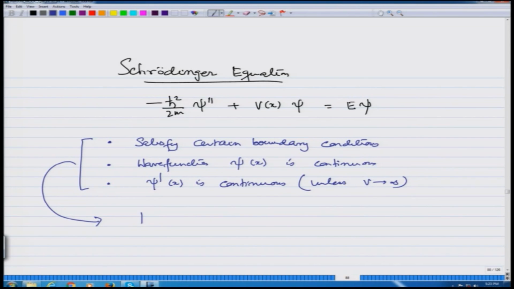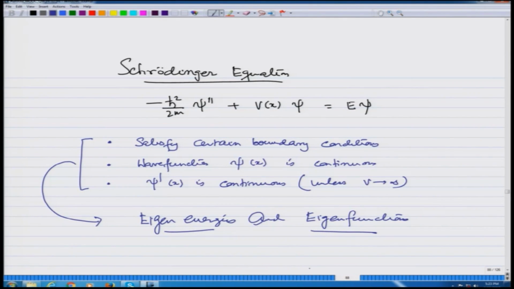So, I have to satisfy all these three conditions, and then this together gives me the eigenenergies and eigenfunctions. So, what we need to do is solve this equation satisfying the boundary conditions and making sure that psi and psi prime both are continuous.